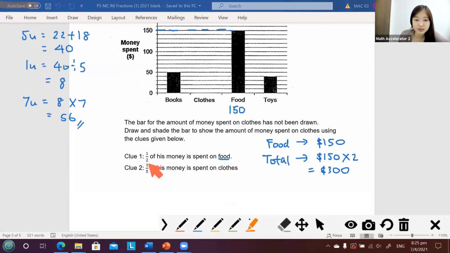1/5 of his money is spent on clothes. Now you can use "of" means times already. Multiply. 1/5 of his money, and we know that his money is $300.